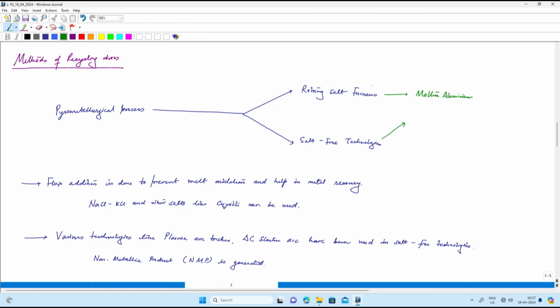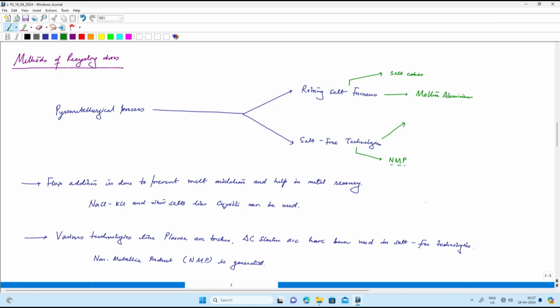But in rotary salt furnaces, we are getting salt cakes, whereas salt-free technologies give us NMP, non-metallic product, which is free from metallic aluminium, but mainly contains the non-metallic products like impurity oxides or aluminium oxides.